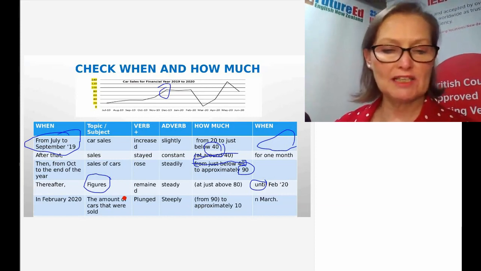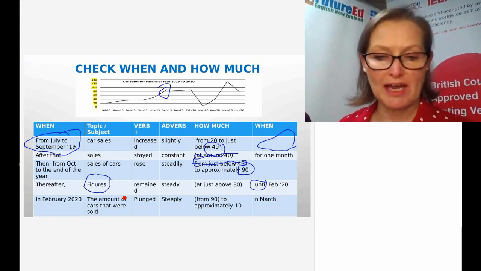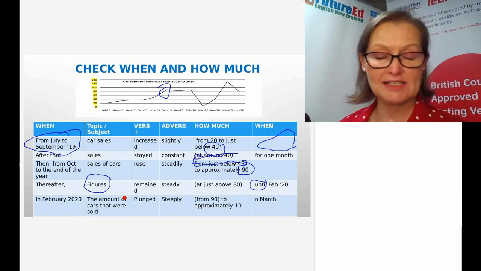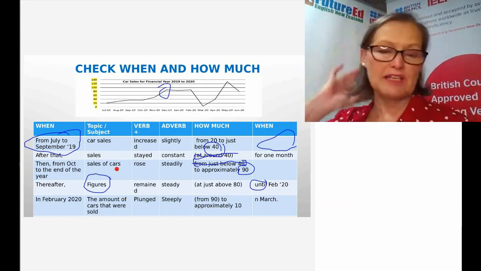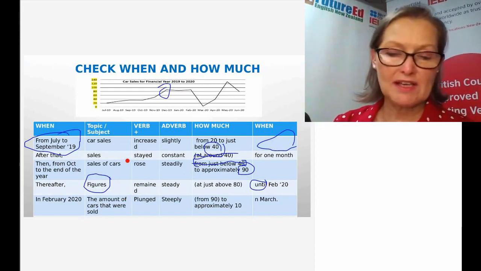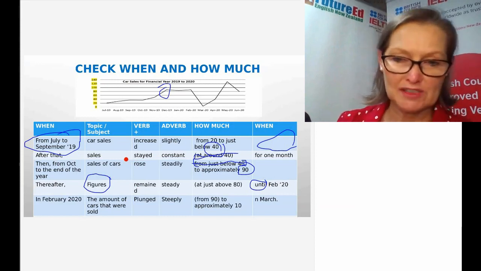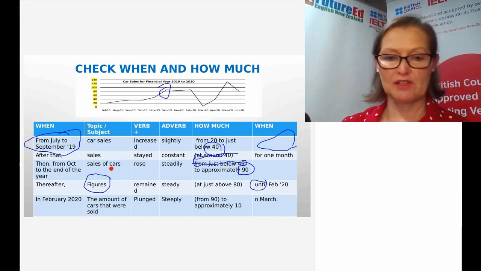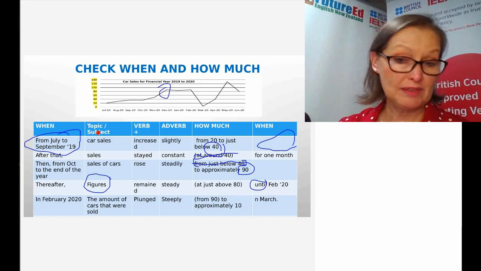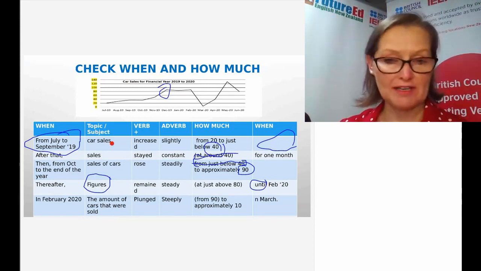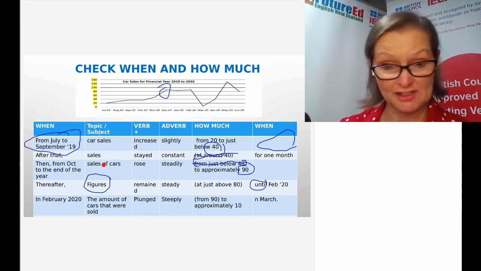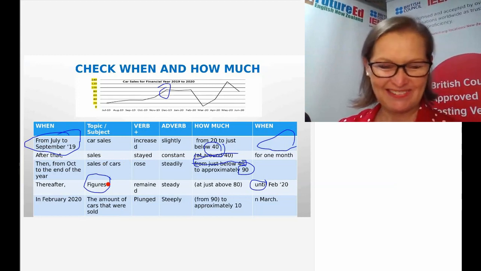I've seen students writing a lot of these graphs and they go, it remained and it did this and it did that. I think we could get away with it once, but figures is going to take me into a different league. So there's another useful word that we can use just to break the monotony of car sales, car sales, car sales.